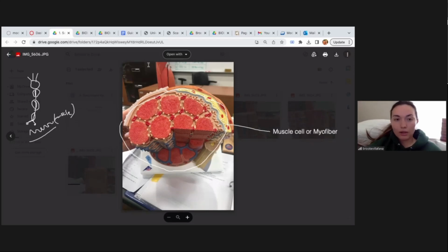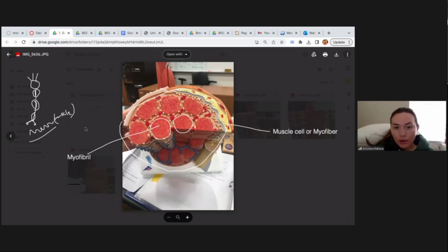And inside the muscle cell or the myofiber, each of these round structures is a myofibril. And you're going to learn about that when you look at muscle organization. Myofibril. All right, so we have our muscle cell and our myofibril.